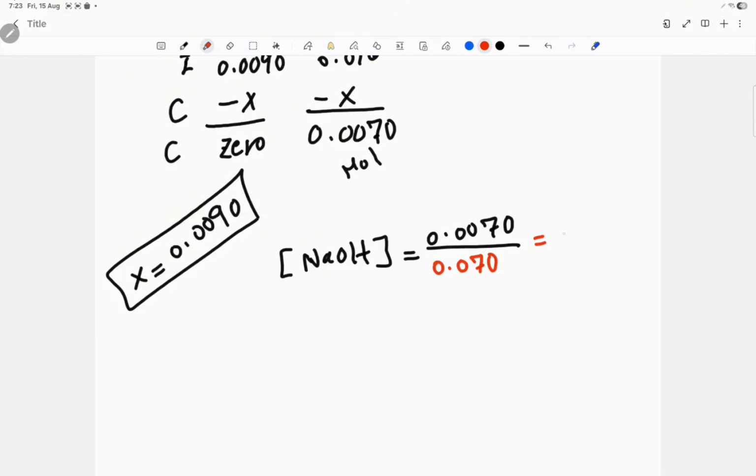Almost the same number. So what do we get? 0.10 molar. If I know the NaOH concentration, can I know the OH? It's the same, 1-to-1 ratio. Can I know the pOH?